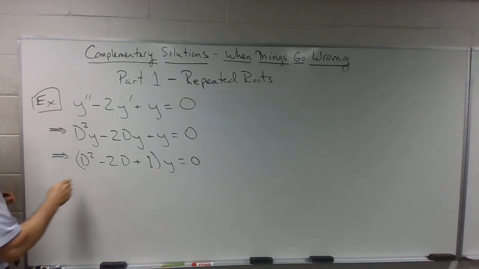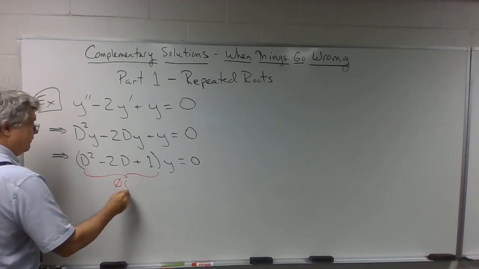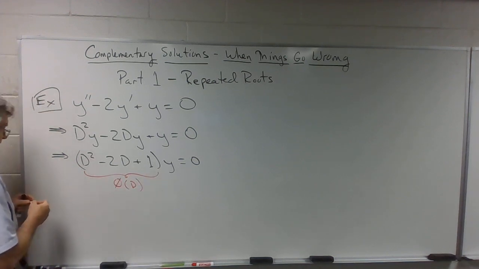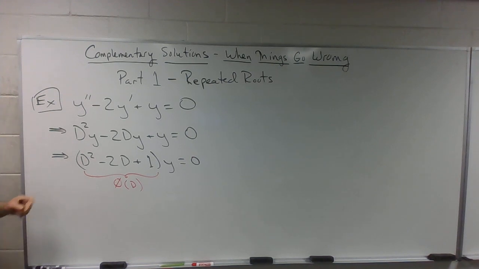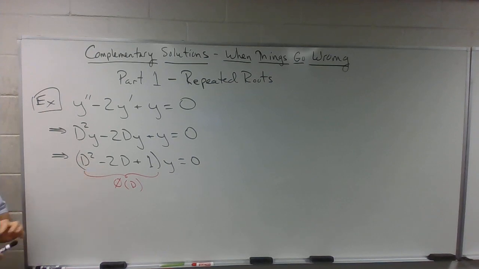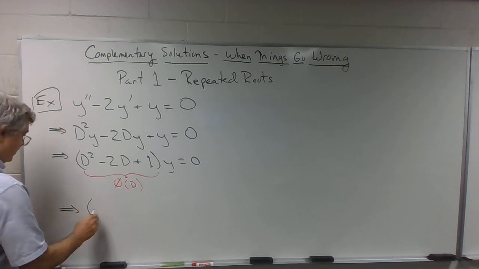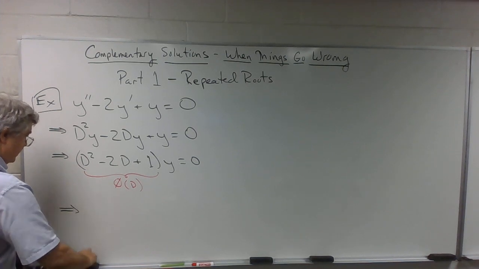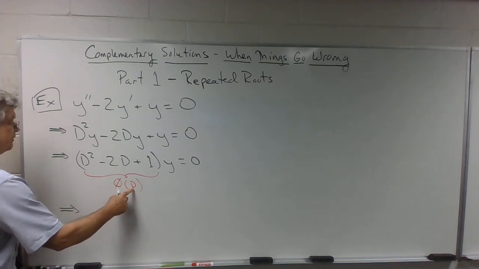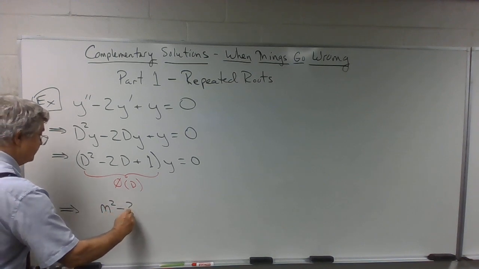The polynomial in terms of the operator D is what we call phi of D. We get our auxiliary equation from this polynomial by writing it in terms of m instead.